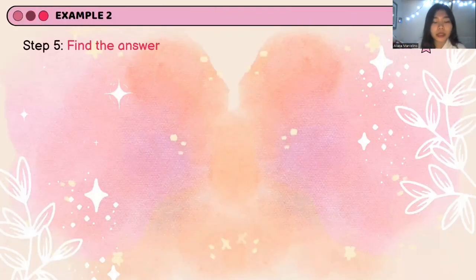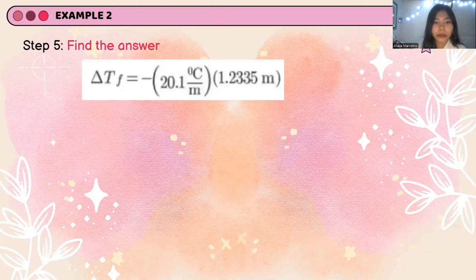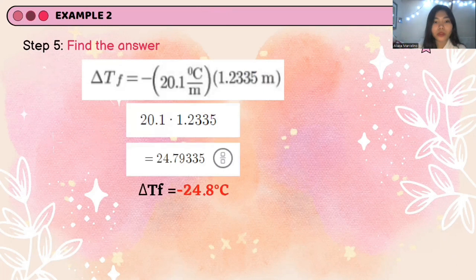So in this page, we have step 5. Let's find the answer. So 20.1 times 1.2335 is equal to 24.79335. Round off the final answer if needed, and don't forget to put the units, which is degrees Celsius.